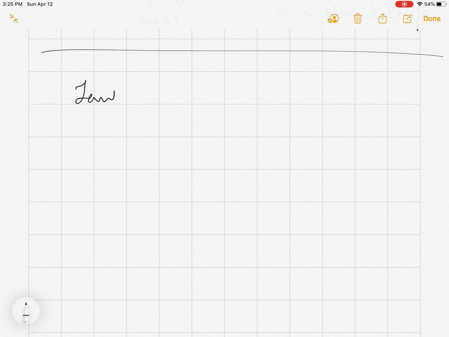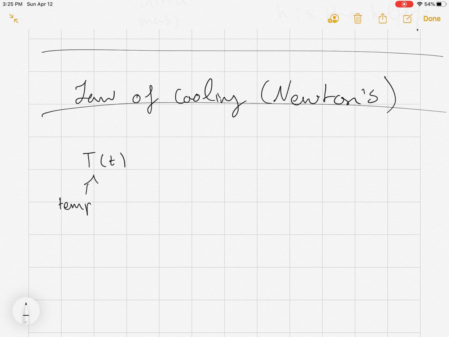So Newton's law of cooling, we're going to take T of t, right? And this is going to be the temperature of an object. And that is going to be equal to T of s. T of s we're going to define to be the temperature of the room that we are in, right?